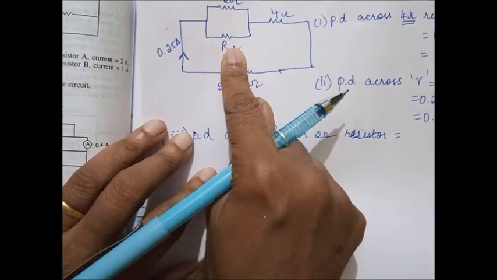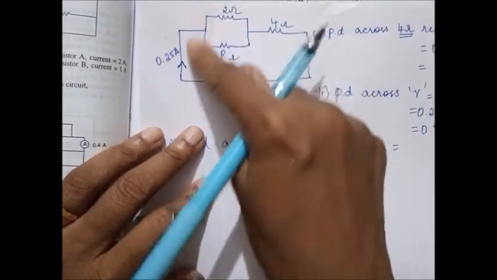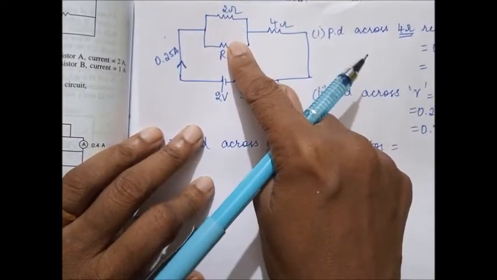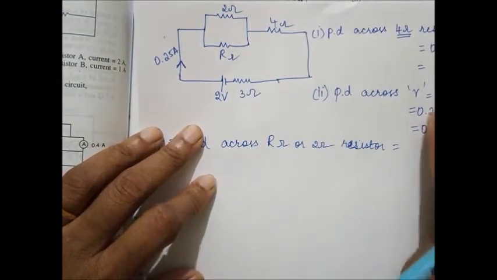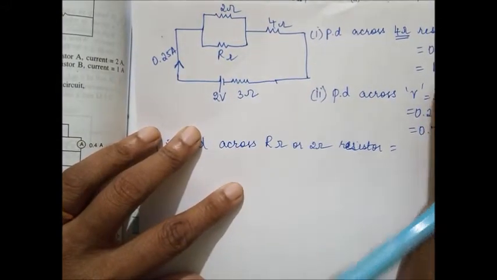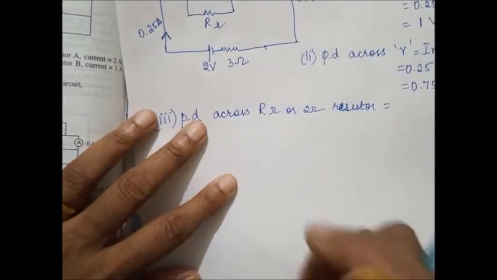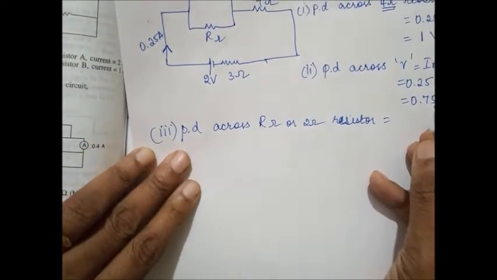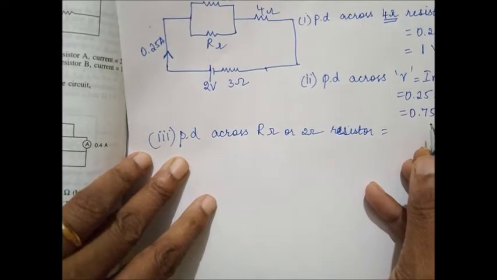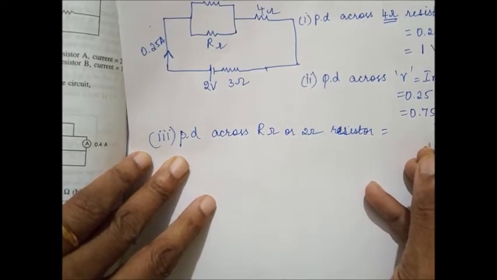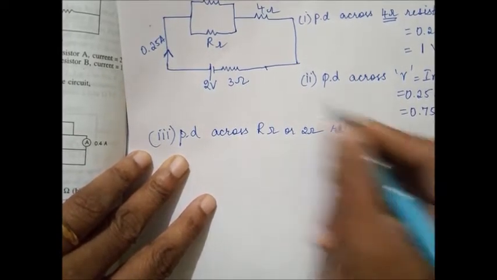R value is not known. So you can't find the equivalent resistance of this parallel combination. So we cannot use this formula which we are usually using, I into R. Okay. So we have to think of some other way of finding it.